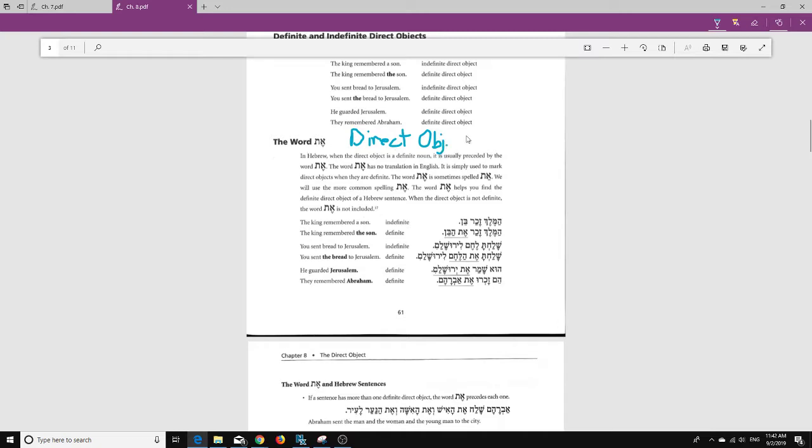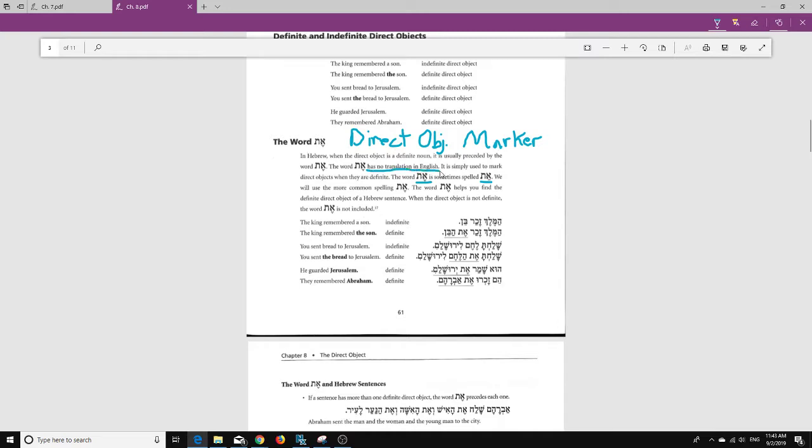It's taking a while, so I'm just going to abbreviate, marker. Okay, the direct object marker is et. You might also see it as 8. So it could be et or it could be 8. All right?